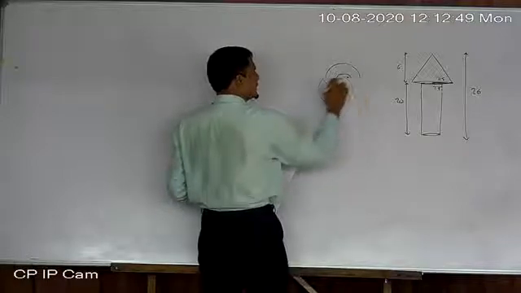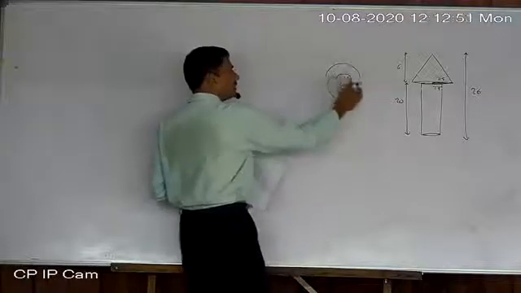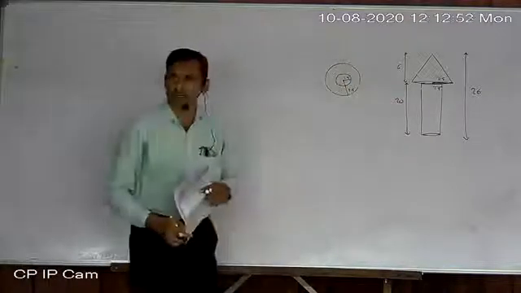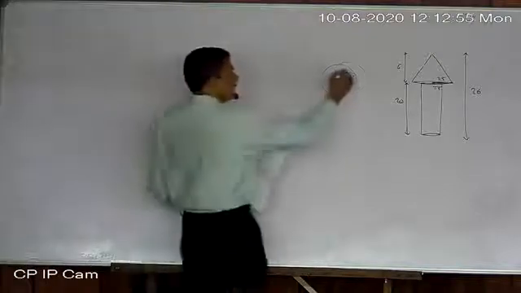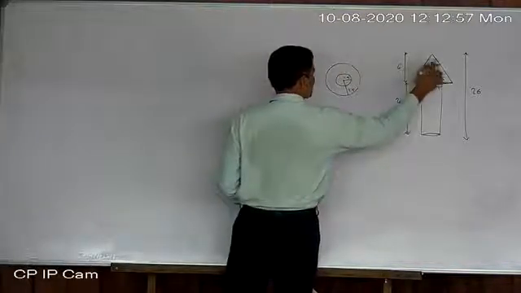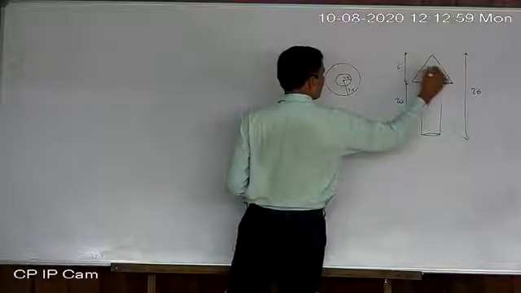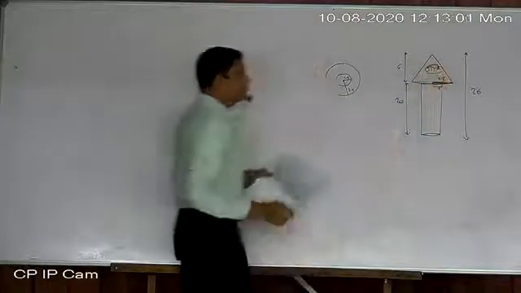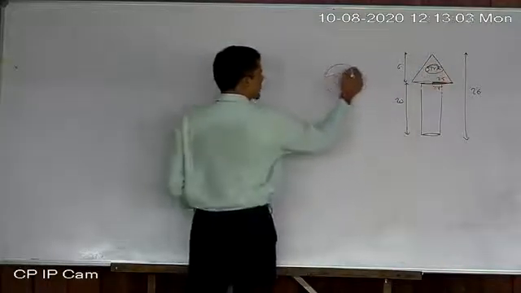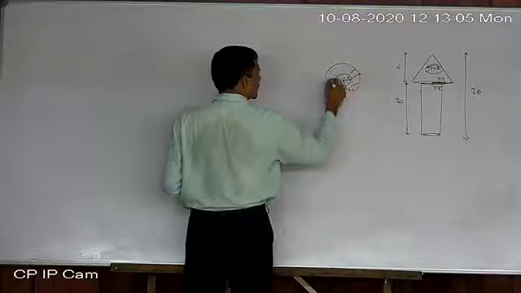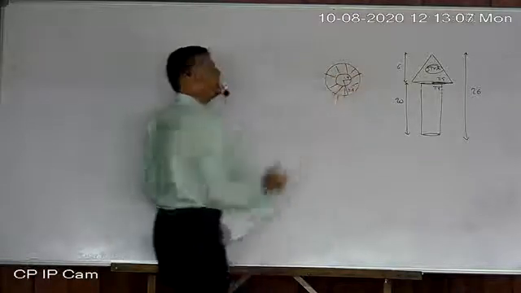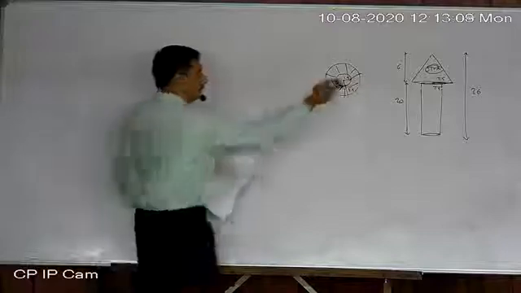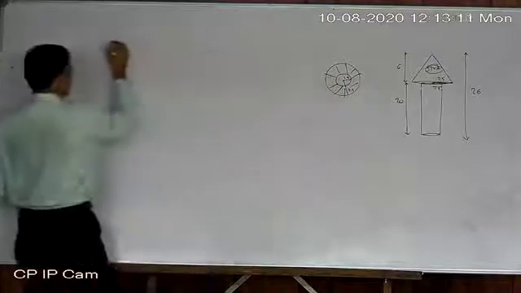Now this ring is the ring of the cone only, so it will be orange color. So in orange color you have to find pi r L, and this ring also, because that itself is a part of the cone.